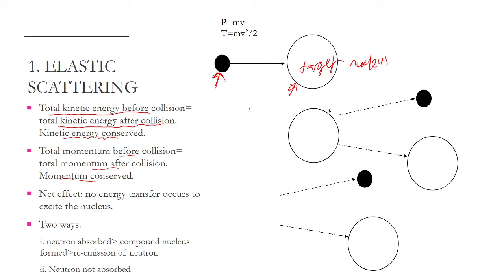Let's give names: the mass of the neutron is mn, its velocity is vn. This is the mass of the target, mt, and the velocity of the target. This is before the collision.